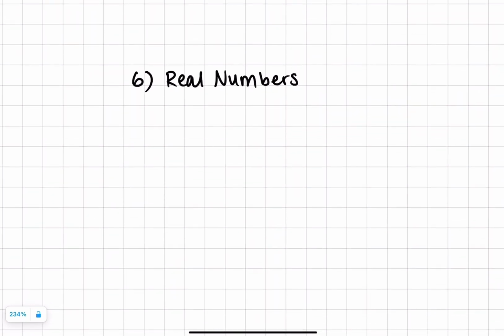So going on to our last type of numbers, which are real numbers. So these numbers include all types of numbers that we just went through. So all the 5 types: natural, whole, integers, rational, and irrational numbers. And these numbers fit on the number line. So all these numbers that we just talked about, all of them fit on the number line.